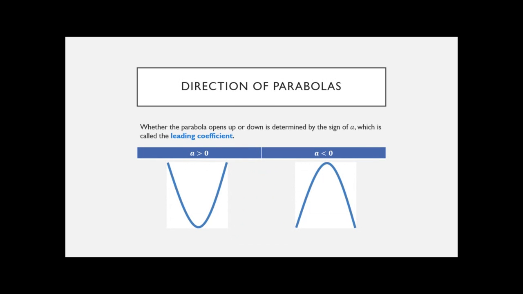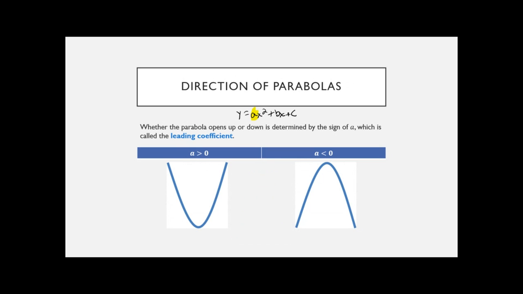And so parabolas can go in two directions. Essentially, you're opening up where your leading coefficient, and let me write standard form again. So it's y equals ax squared plus bx plus c. So your leading coefficient is a, the number in front of your highest term. That's why it's called leading, because it's the first thing you see.